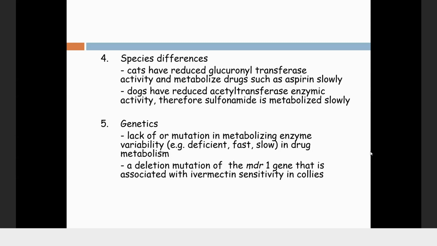Why? Because of the reduced quantity of the glucuronyl transferase enzyme. This enzyme is very important to biotransform the drug to an inactive form.